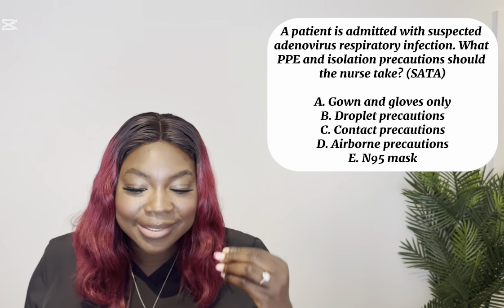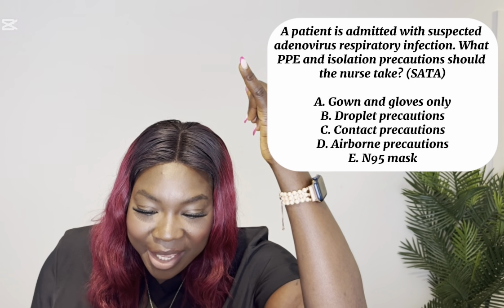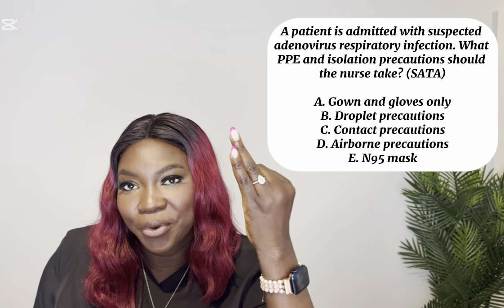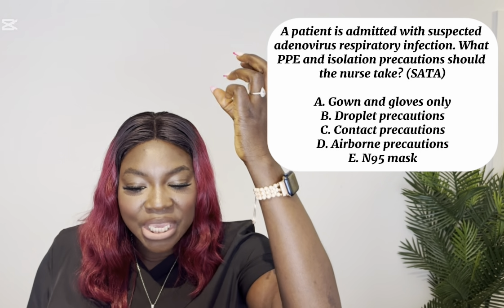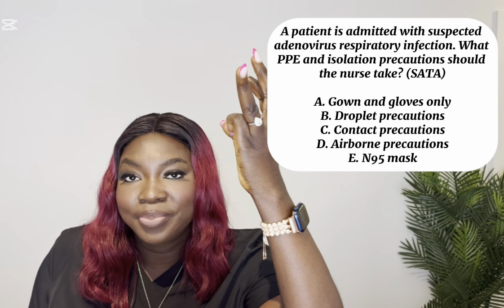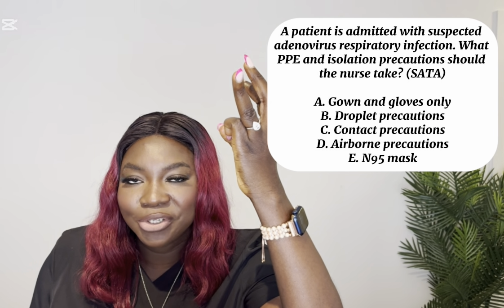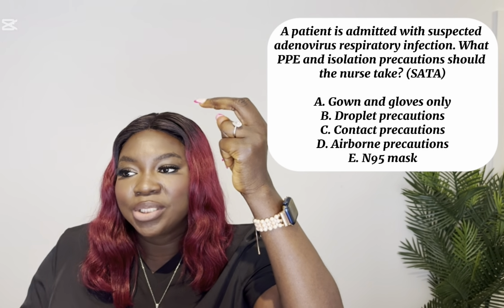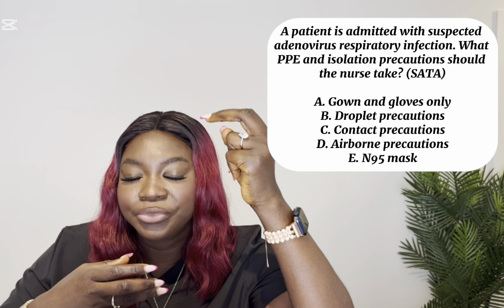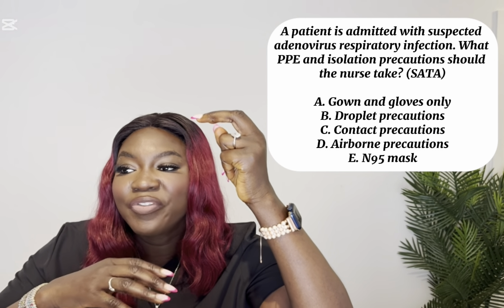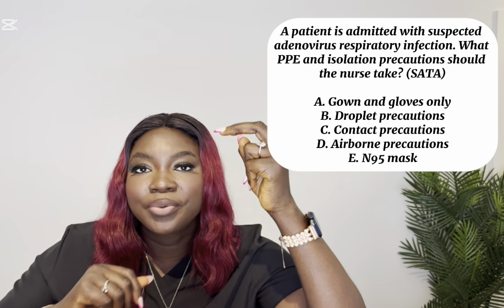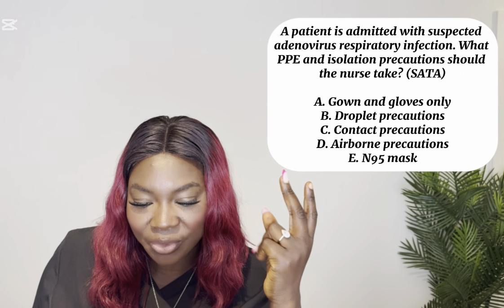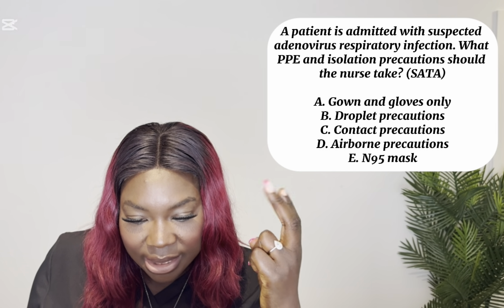So our right answer is B, droplet precautions, and C, contact precautions. Because B, it is spread through respiratory droplets, so the isolation precaution is droplet precaution. And C, if you get in contact with respiratory droplets when they're coughing, sneezing, if you get in contact with those secretions, you'll be infected. So that's why our answer is B, C.